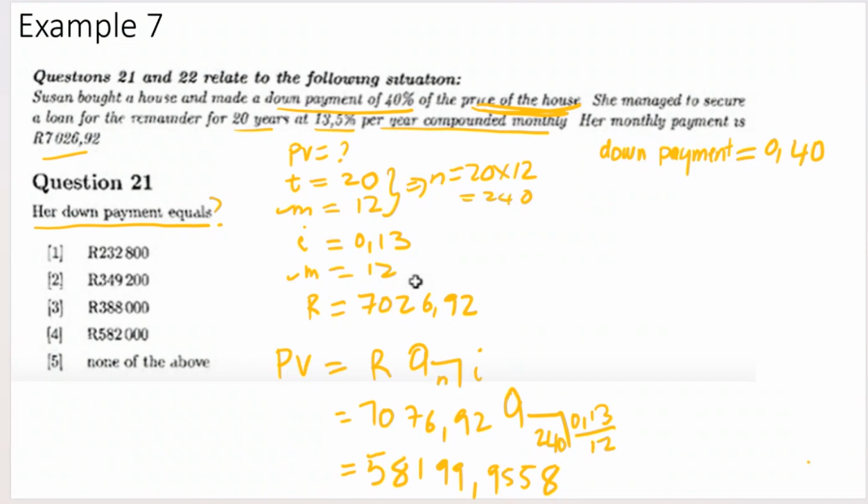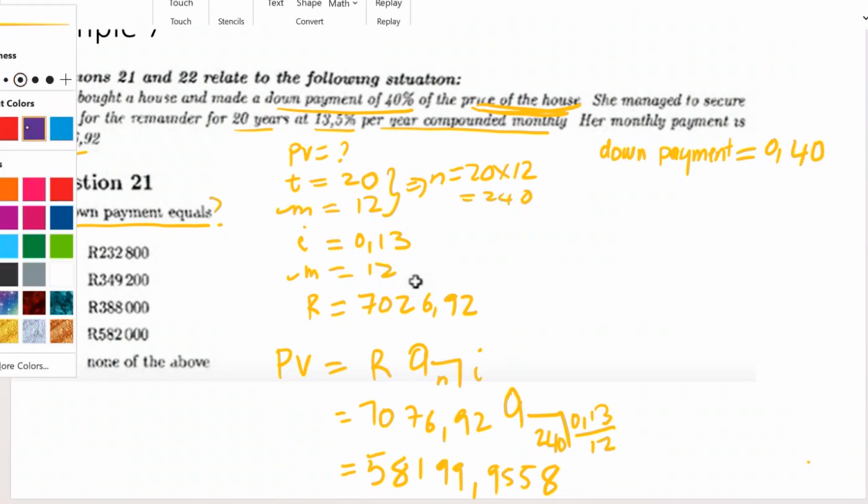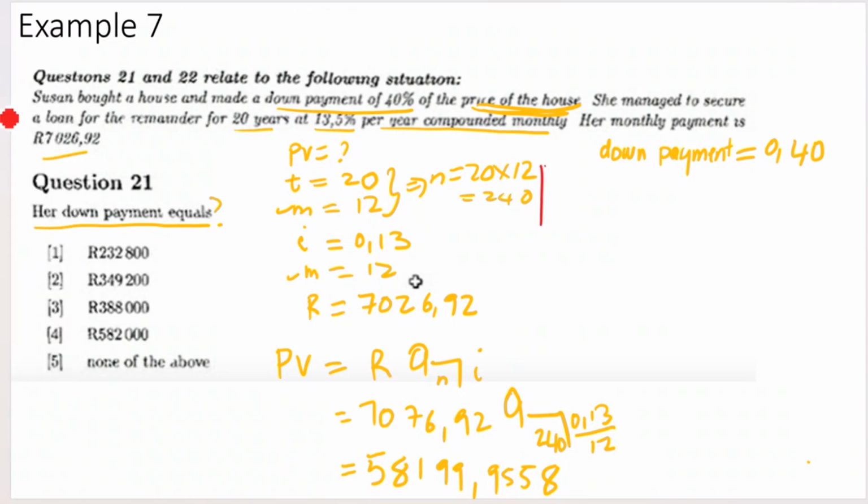So now there are formulas that I'm going to share with you. I think you can just memorize them or try to remember them. It will depend on the context that you are given. For the down payment, here are the formulas.